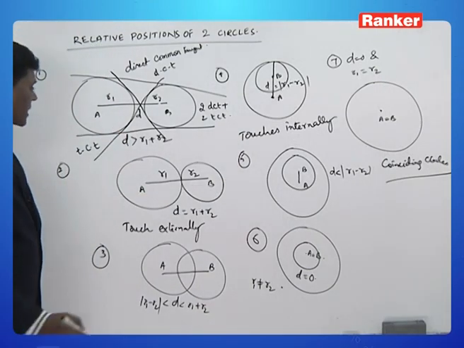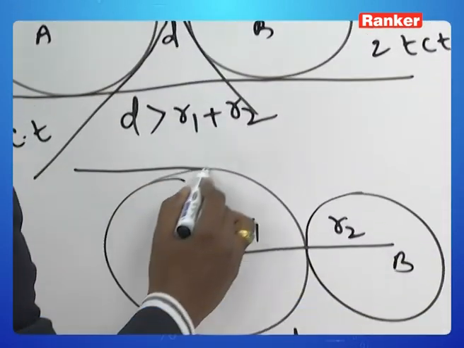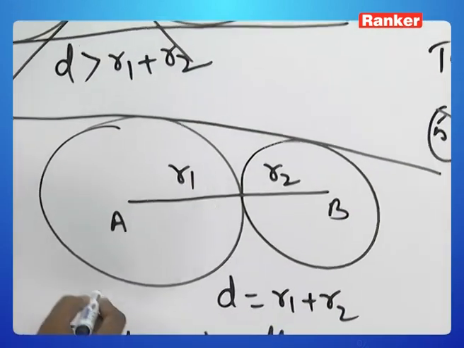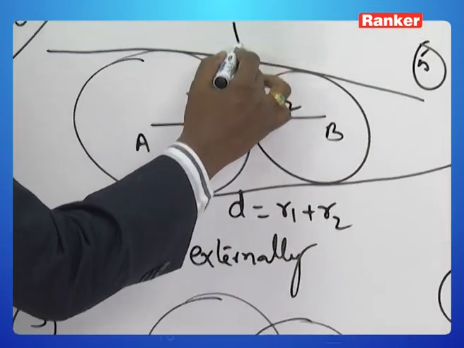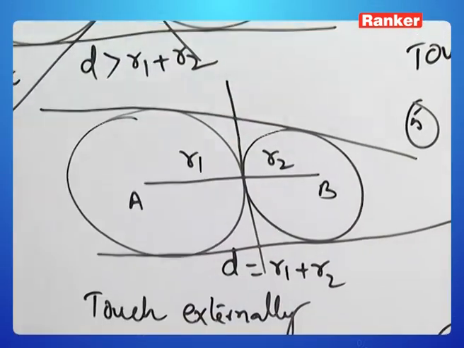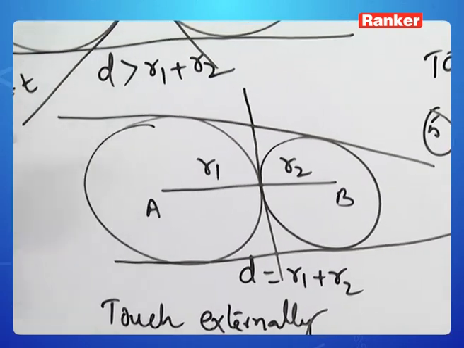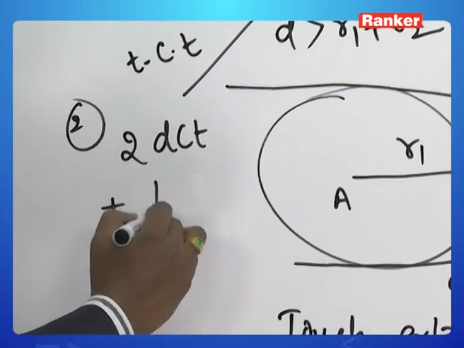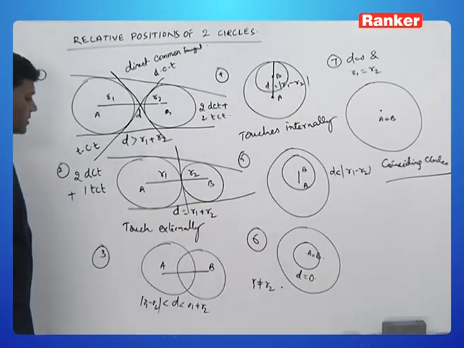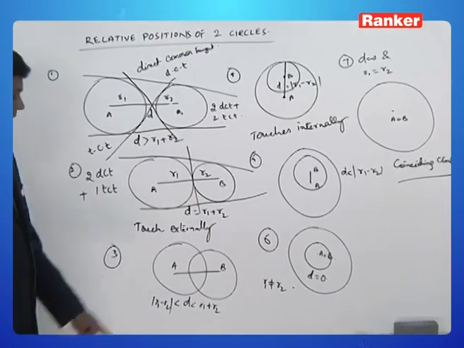If we analyze the second case, this is a direct common tangent, this is also a direct common tangent, and this is a transverse common tangent. So in this case, we can draw two direct common tangents plus one transverse common tangent.